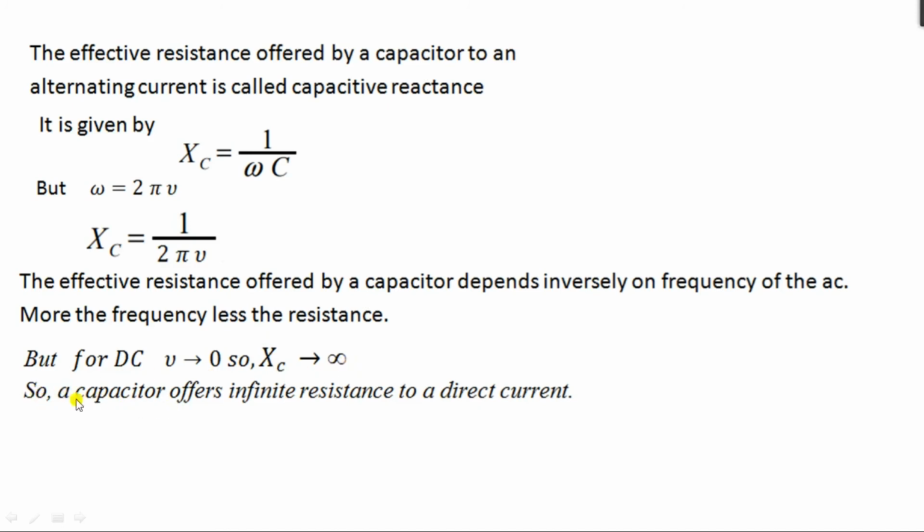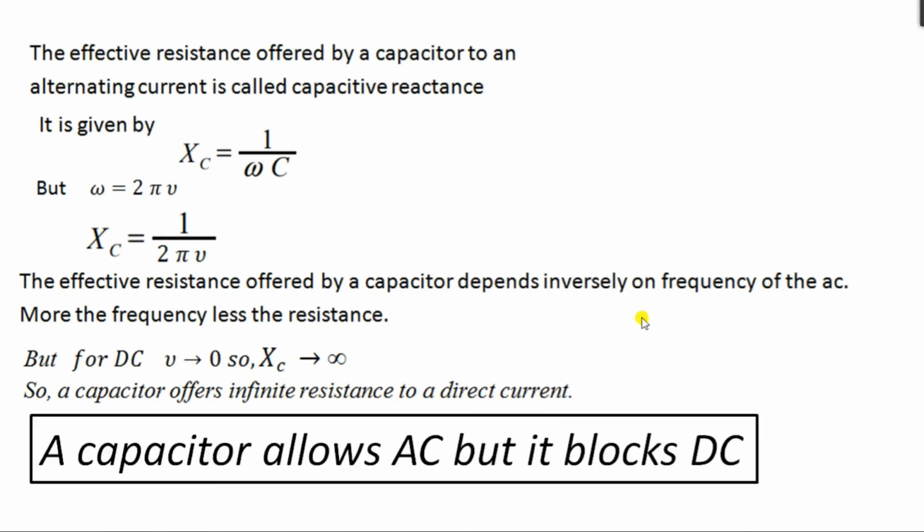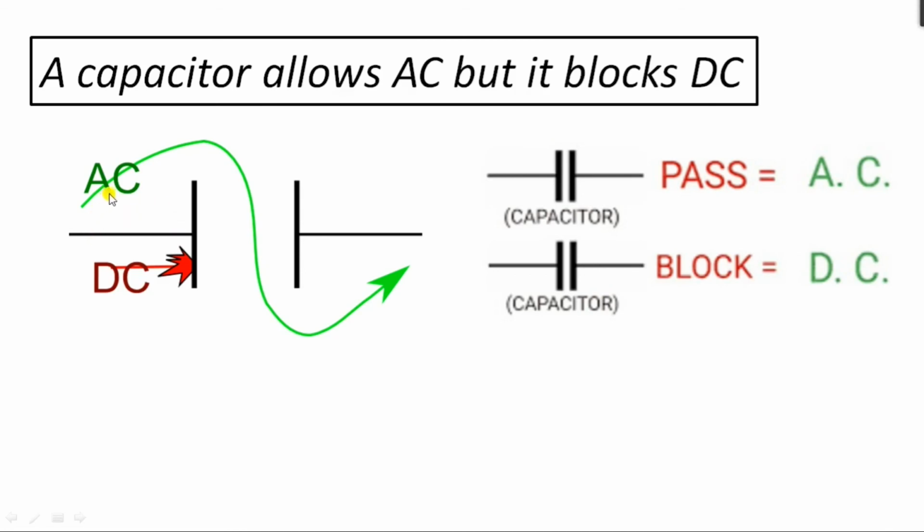So that's why a capacitor offers infinite resistance to the direct current. So we can say a capacitor blocks DC because DC has no frequency, and it allows AC because AC has some frequency. So this is again in diagram form. This is the diagram to remember the concept. So AC can go through a capacitor but DC cannot.